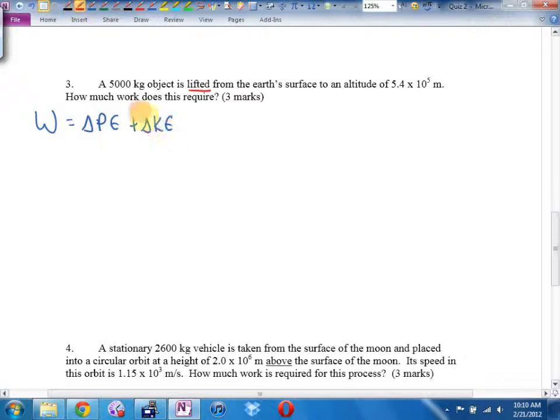Except, Joel, since we're not in orbit, I think we're starting at rest and finishing at rest. Lifted seems to imply that. Joel, what's changing anything? There's final minus initial.